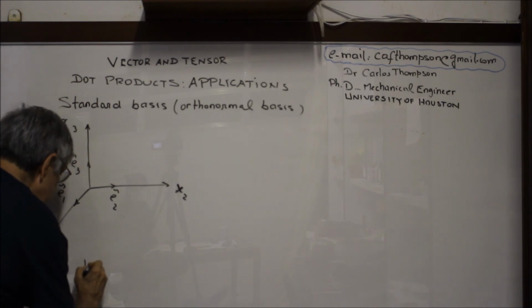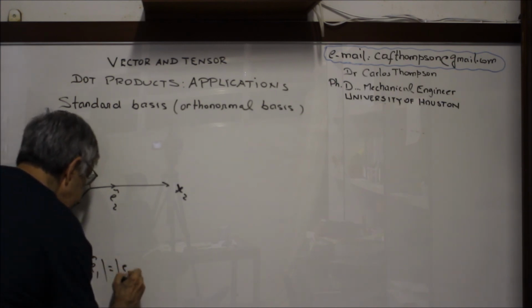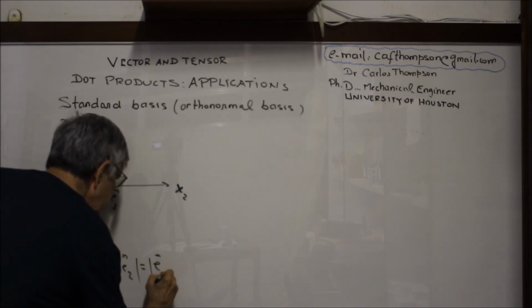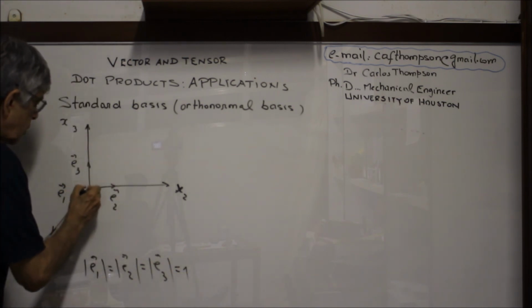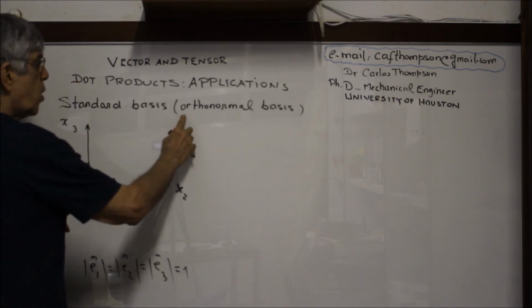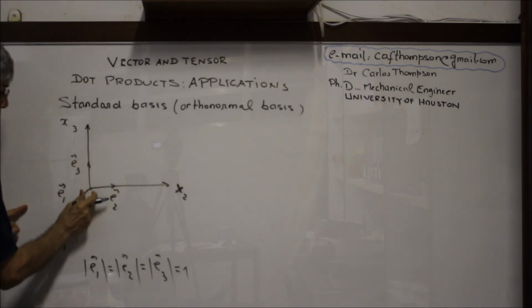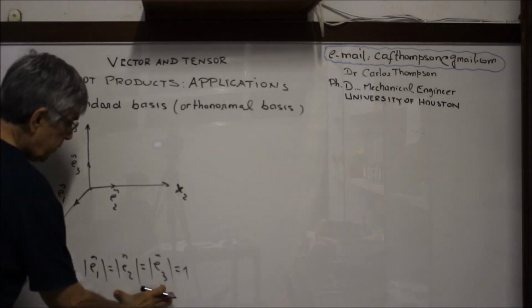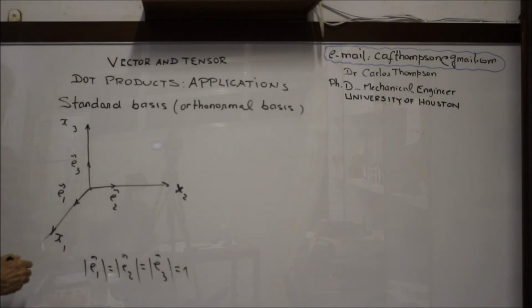The magnitude of e1 is equal to the magnitude of e2 is equal to the magnitude of e3 is equal to 1. And also they are ortho. Ortho means they are perpendicular to each other. And normal because the magnitude of each unit vector is 1.